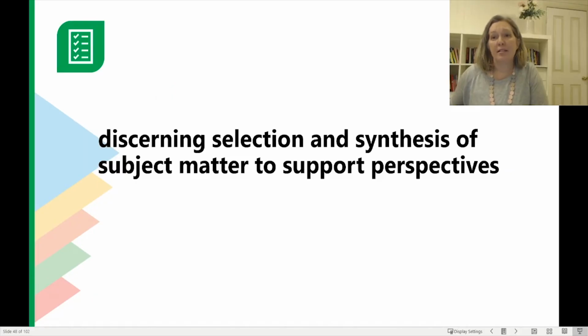So then we come to the next descriptor, discerning selection and synthesis of subject matter to support perspectives. So you've done all your heavy lifting here. You've got your time, your place, your characters, your story idea, and a purpose. But now you've got to think about how you can convey all of this to your readers in an interesting and creative way, without just giving them a knowledge dump and telling them a whole lot of facts about the situation.